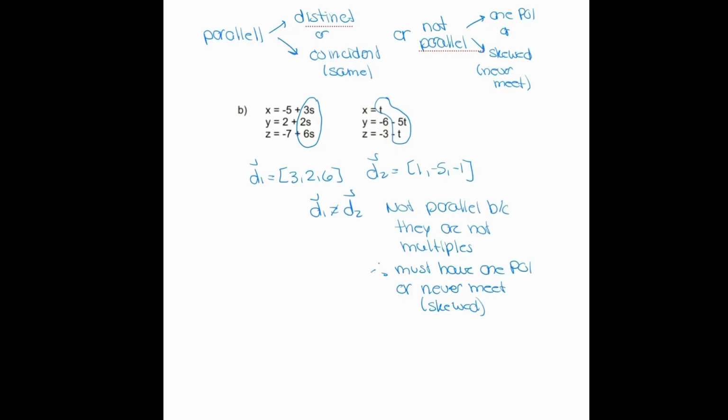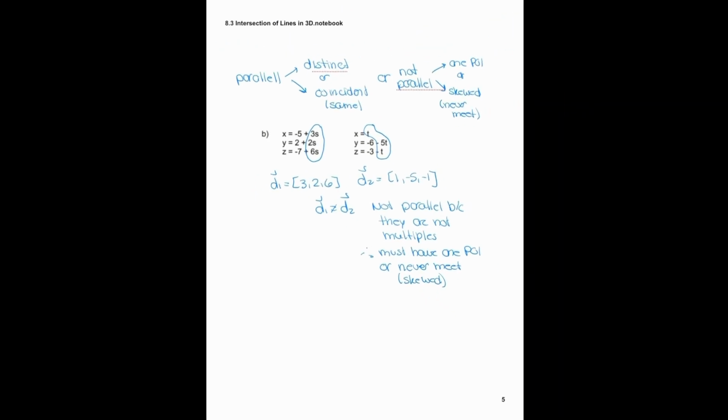Okay, so how do we tell? Well, we're going to start by solving the system. So we're going to set x, y, and z parameters for each equation for each line equal to each other. And then we're going to solve using either substitution or elimination. So let's come down and let's do that. So for our x value, if we set both of these equal to each other to create equation 1, we are going to have from line 1, -5 plus 3s is equal to t.